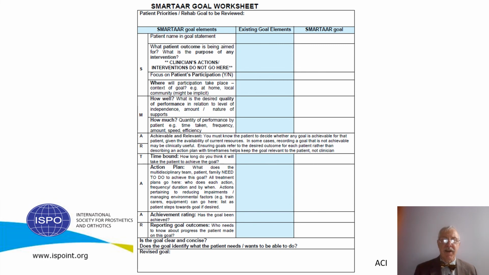And this is a worksheet which you could use to write in the goals as well as goal elements as you set your SMART goals. Both the previous slide and this slide are from the ACI reference, which you might want to look at on their website.